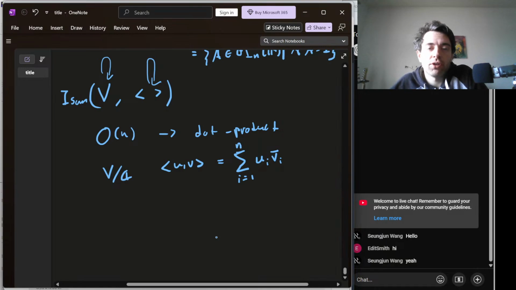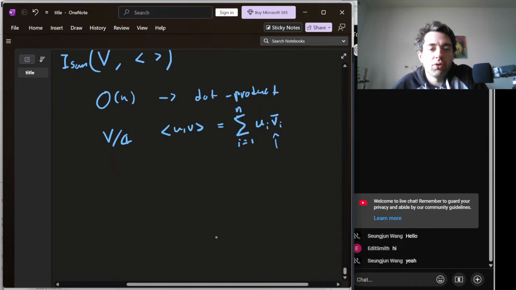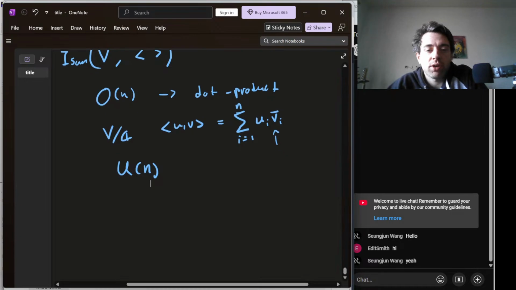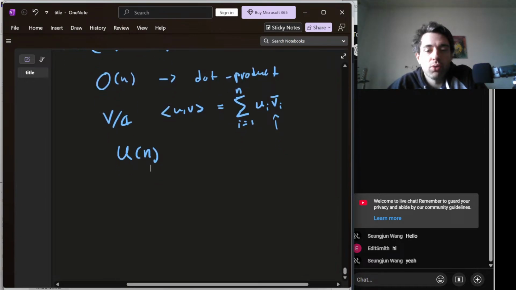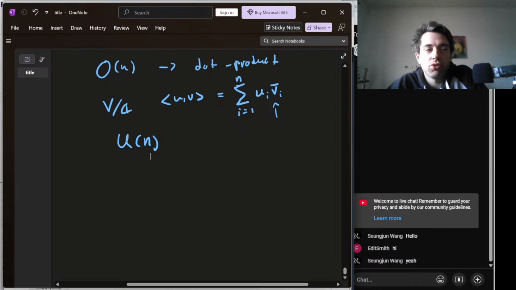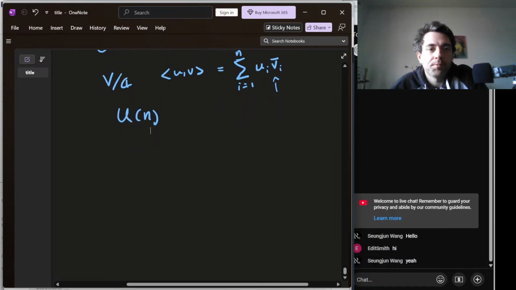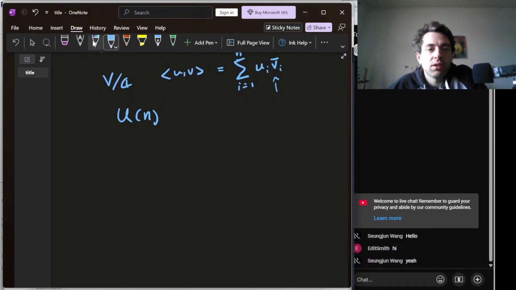So it's almost like the dot product, except you conjugate the other one. The group you get out of that is the unitary group. What are some other examples? Another important example in physics is the symplectic group.